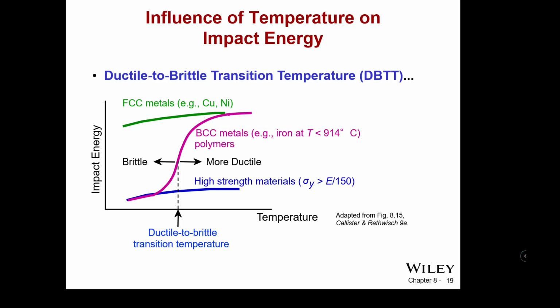The high strength materials with a very high stiffness, so modulus of elasticity divided by 150, if it's greater than that value, it's going to be in that high strength region. So it's going to behave much differently than some of these other kinds of materials. So they are going to behave more brittle. So they're going to snap at a much lower impact energy typically.